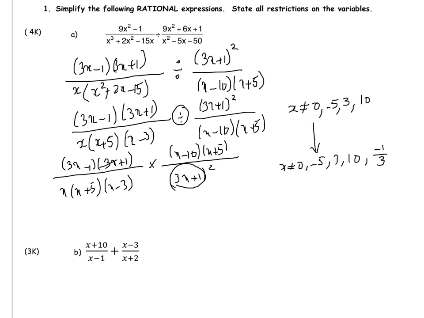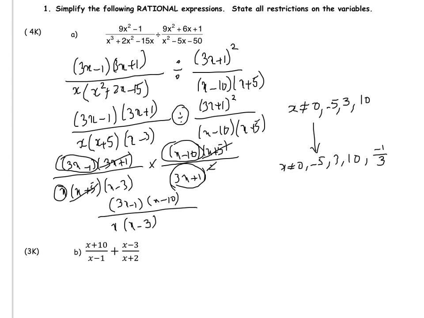Now I can go ahead and simplify these. I have a 3x plus 1 and 3x plus 1 squared, so this square is going to be canceled. I have x plus 5 and x plus 5, which are going to be canceled. So I'm going to end up with 3x minus 1 here from this one and x minus 10 here, divided by, I'm going to get an x here times x minus 3 times 3x plus 1.